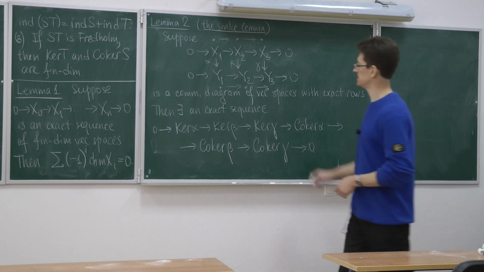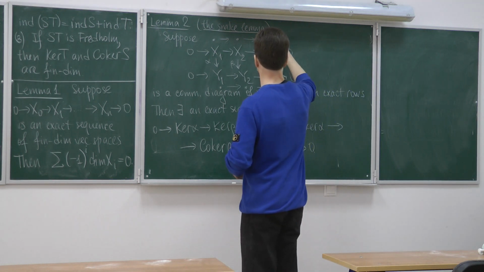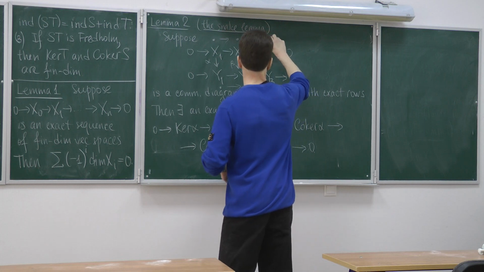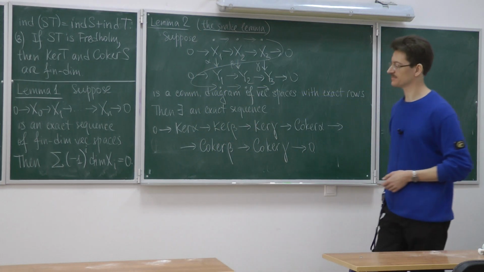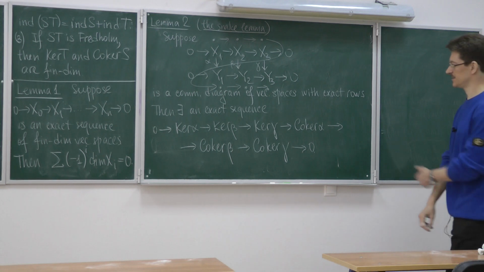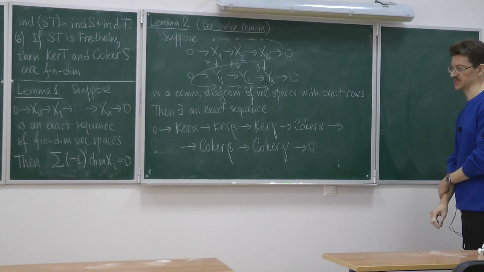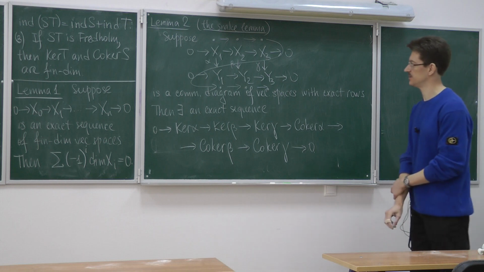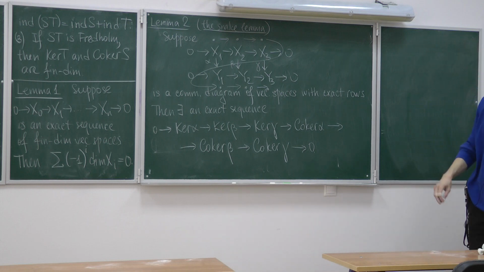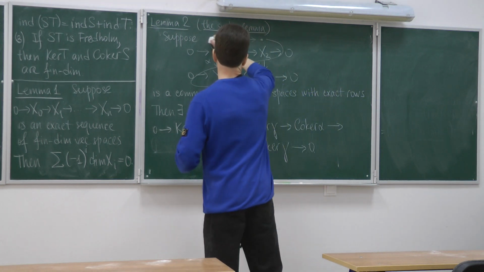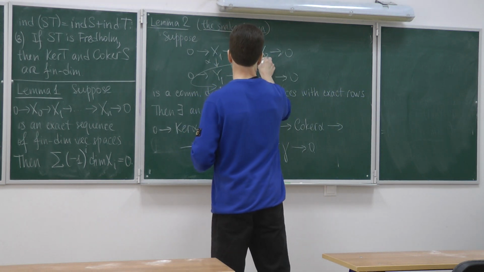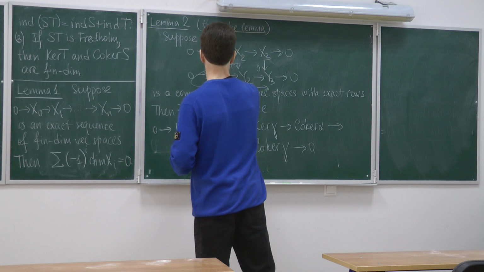And graphically, it can be written as the following snake from here to here. So this explains where the name of this lemma comes from. Okay, anyway, this is the classic result. I'll not give you the proof.